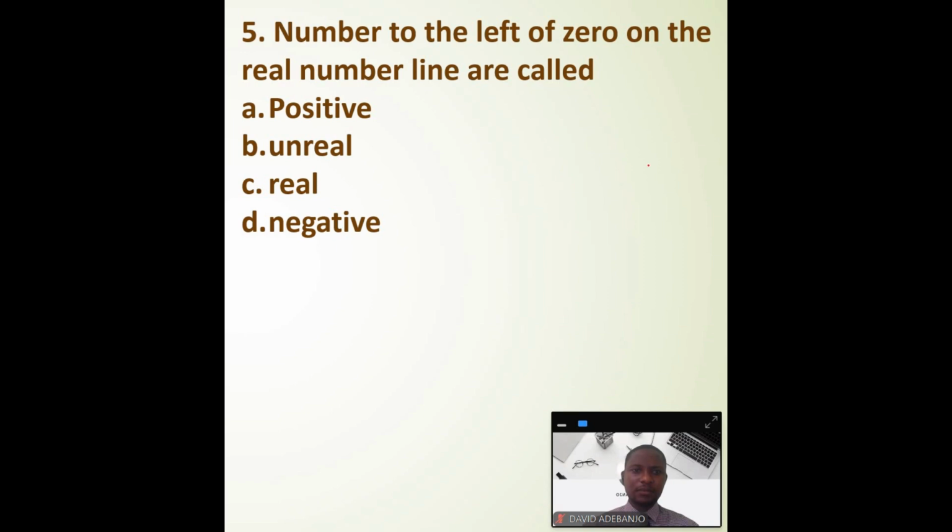So look at it on the number line. This is 0. So a number to the left of 0 is a negative number, and a number to the right is a positive number. So my answer is D.